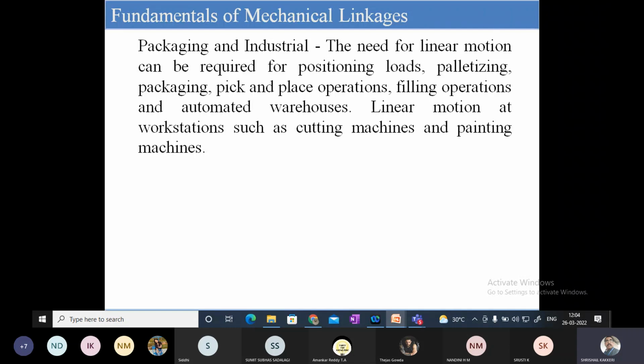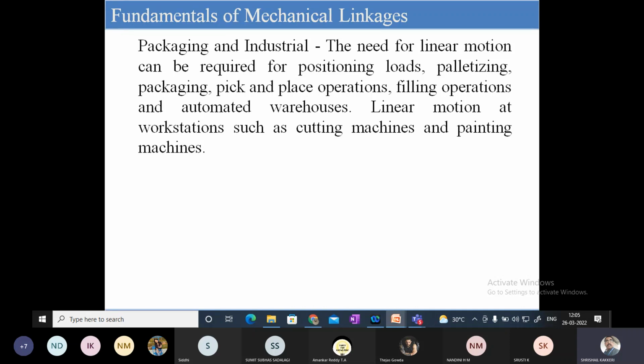Here you can find a very simple example: the hotel cashier, who will be collecting the money. For example, if he collects 10 rupee, 5 rupee and 1 rupee coins, he sorts them into different cups. That is called a coin palletizer. In a similar way, for nuts and bolts or other different items, or electronic and electric goods, they will be separating them and keeping them in different palletizers.